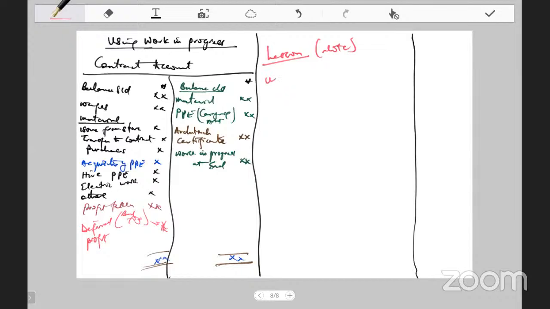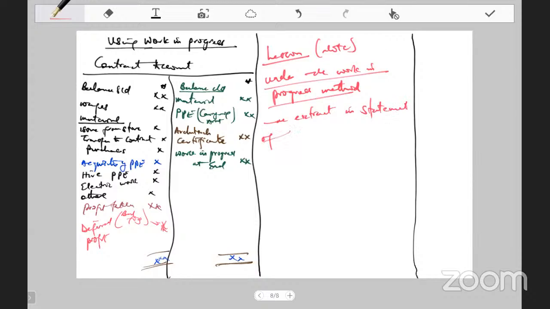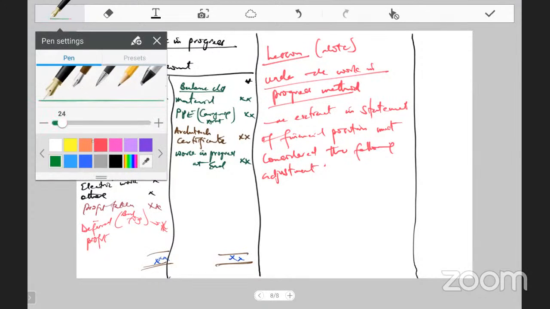Under the work in progress method, the extract in the statement of financial position must consider the following adjustment. And what is that adjustment we are looking at?